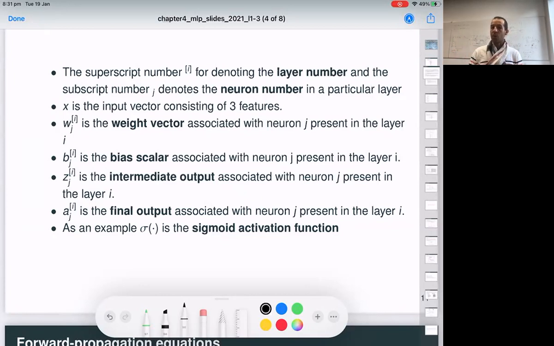We need to write the equation for one single sample, because sometimes we just go through one sample. If you do full stochastic gradient descent, it is one by one. If you do mini batch, you need to write this forward pass for a subset of samples. And if you use full gradient descent, you need to do it for all the samples.